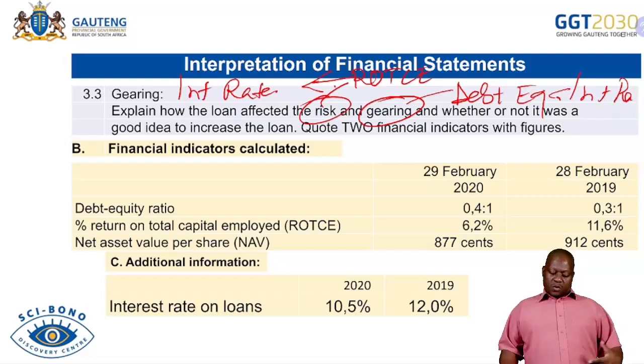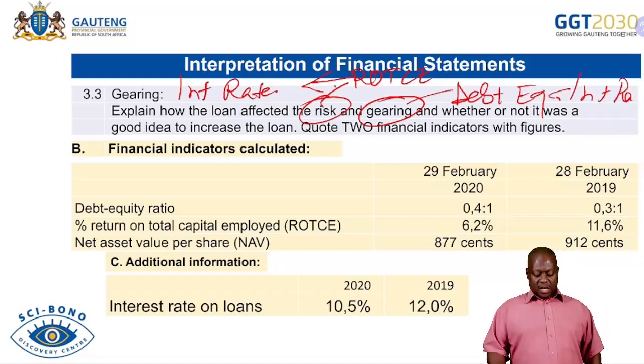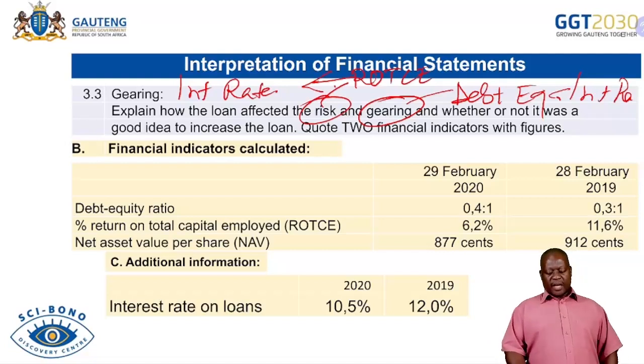Now, we can also see what happened to our net asset value per share, which is not in question for now. But let's look into the additional information that is given. What happened to our interest rate? The interest rate declined from 12% to 10.5%. Please take note of that.